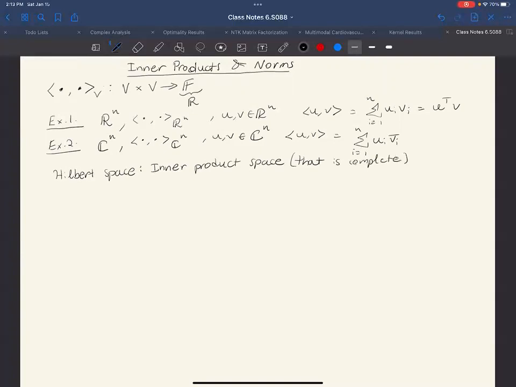And this notion of completeness is a notion in real analysis or functional analysis. It's not going to be super useful for this class since we're just going to work with examples. But generally, let me give you some natural extensions of what you have seen in finite dimensional vector spaces, which correspond to inner products on infinite dimensional vector spaces. So these are in some way infinite dimensional vector spaces.